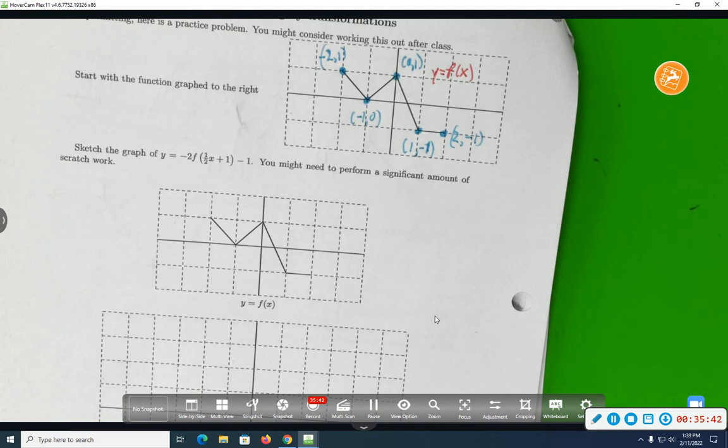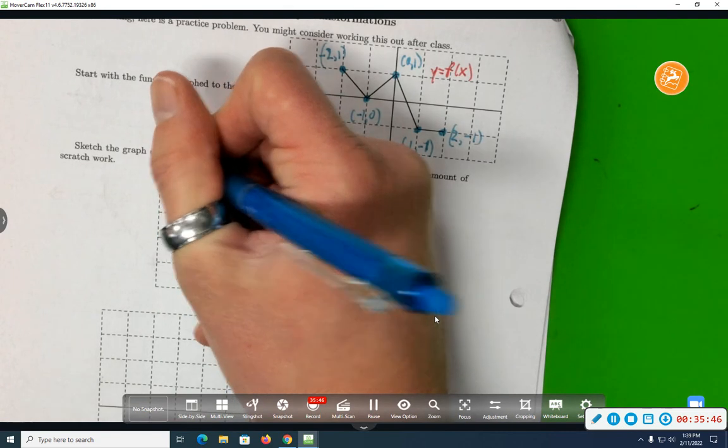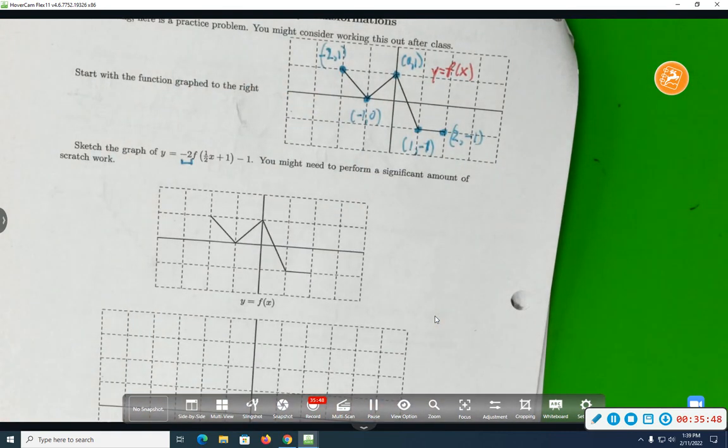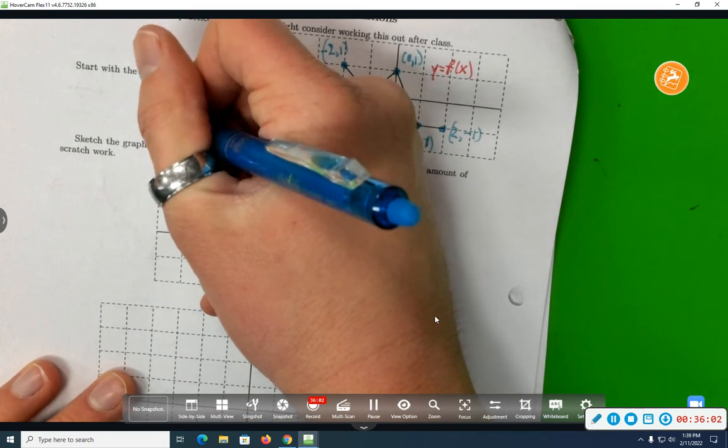The negative on the outside. In fact, would you feel comfortable dealing with the whole -2 at once? Yeah, that'll flip it, but also stretch it. It doesn't matter if you flip then stretch or stretch then flip. Those will both do the same. So let's deal with the -2 first.